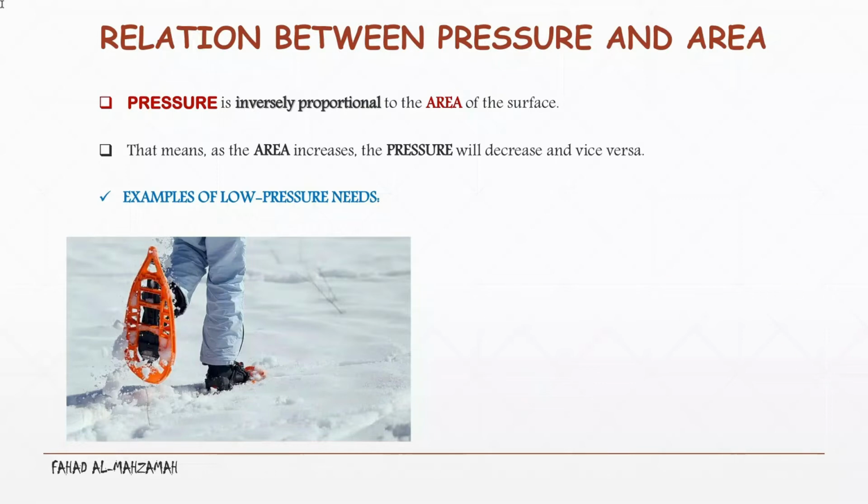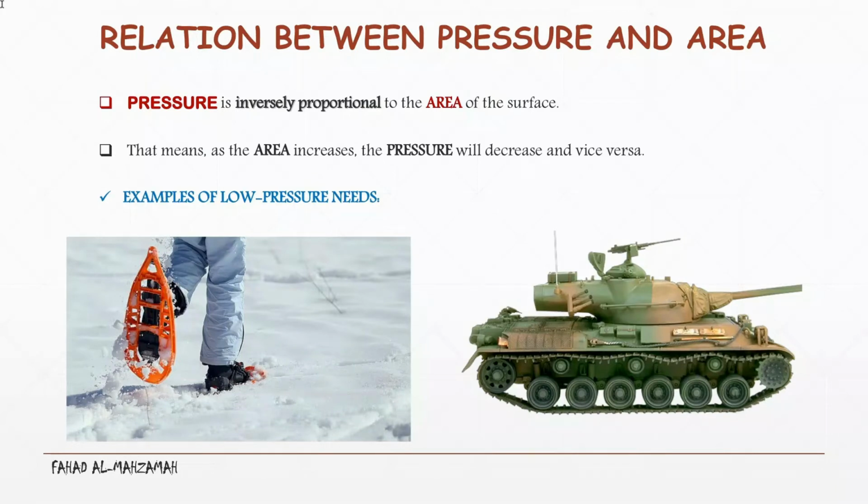Another example is the army tank. In the army tank we can see that the wheels of this tank are on the steel track. So the army tank moves on the ground by the steel track. Now, why did they design it like this? Well, it's easy. The wheels are not touching the ground, so there is no direct contact between the wheels and the ground. Why is that?